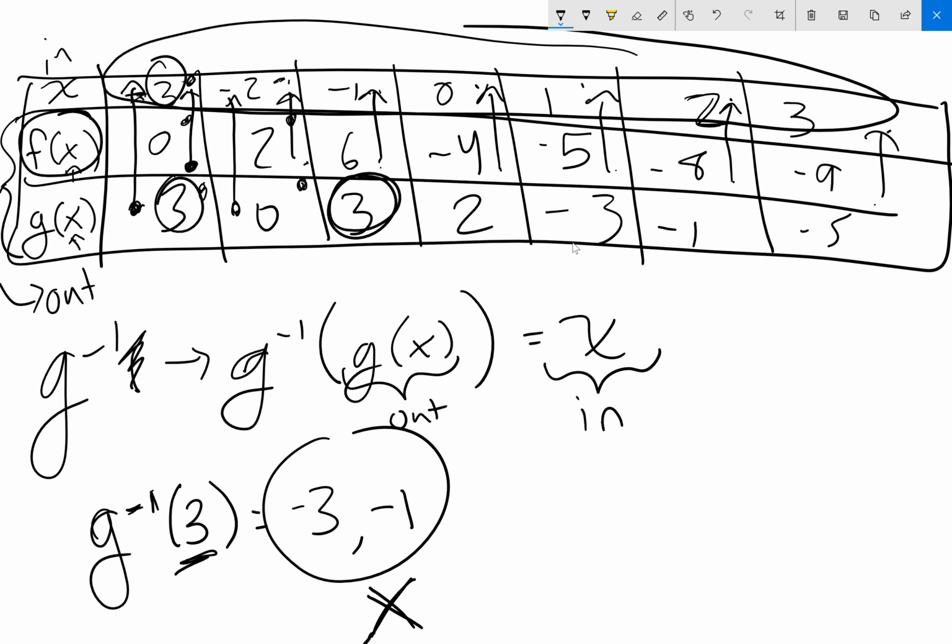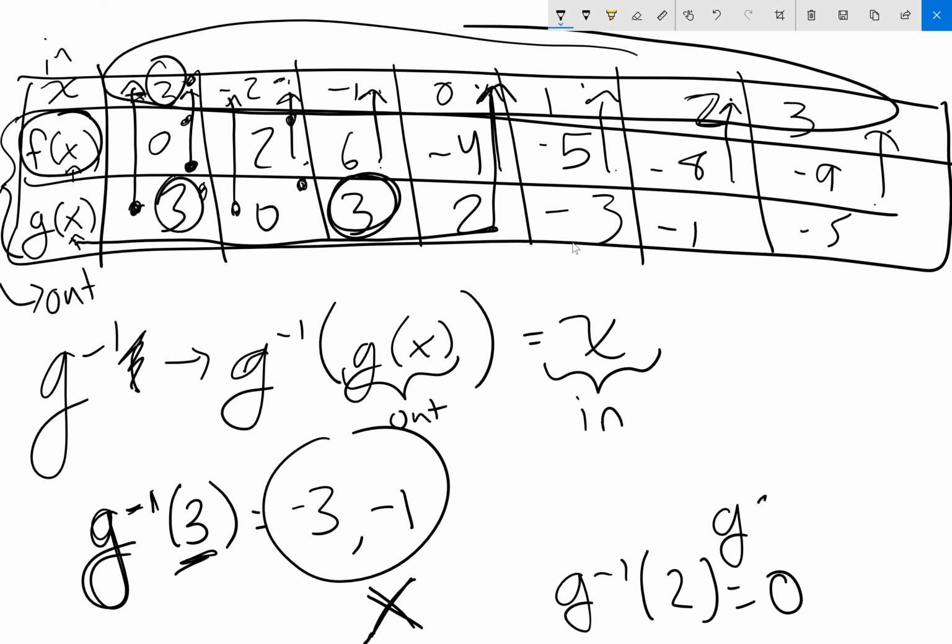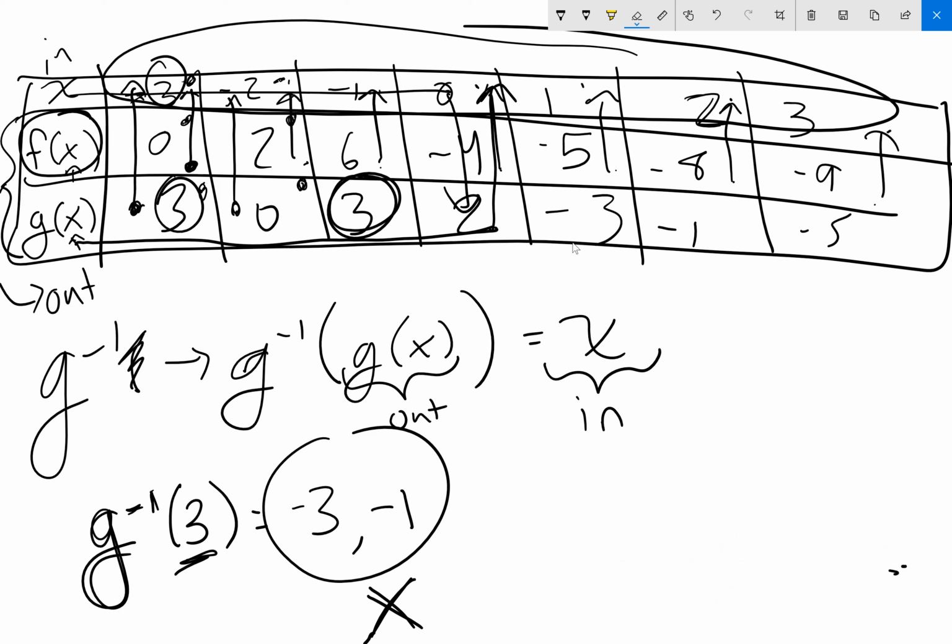So looking at inverse function notation real quick, G inverse of 2, right? We say, okay, when the output of G is 2, what is the input? It's 0. If we did G of 0, we said when the input is 0, what's the output? It's 2. Flip, flip. So again, that means G inverse is not a function.